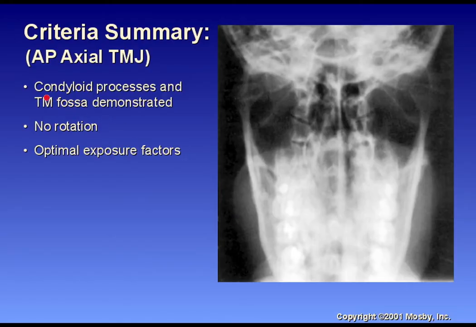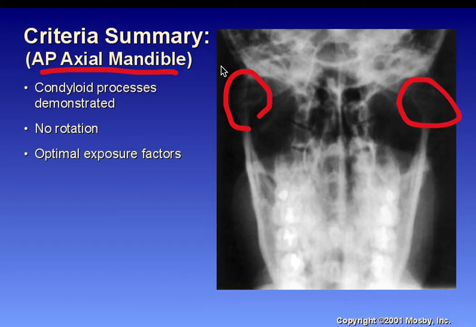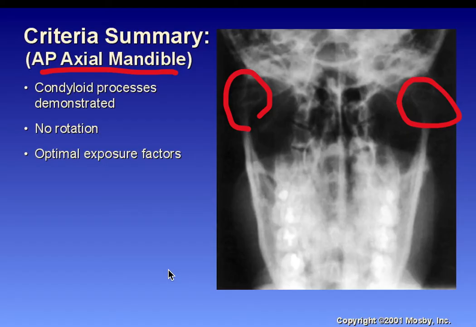And once again, you're imaging the condyloid processes and the TMJ fossa demonstrated. So you're getting this fossa here, you're getting the TMJs, the fossa over here, and the TMJs. So it's almost similar to the AP Axial Mandible. So this is centered at the glabella.